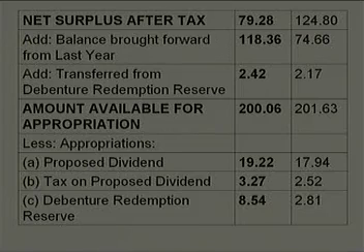Now, if you look at the value of amount available for appropriation, 200.06 is available for appropriation. That means this much profit the company has made, and now the management has to decide how to distribute this profit. How much profit to be distributed in the form of dividend, how much profit you want to keep with you for further investment, those are part of your retained earnings.